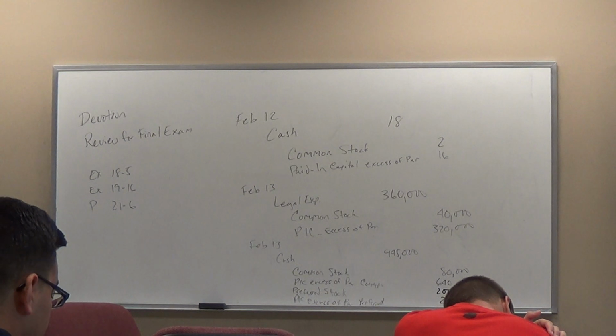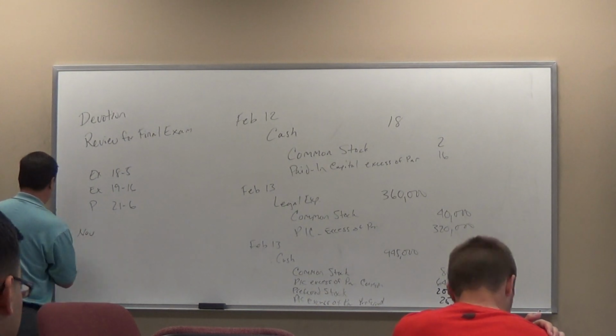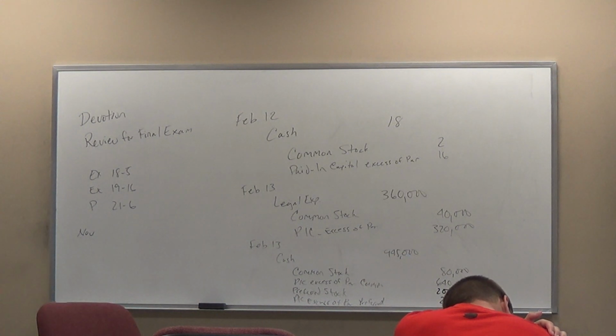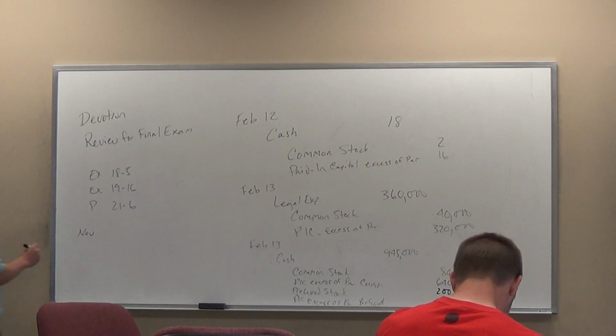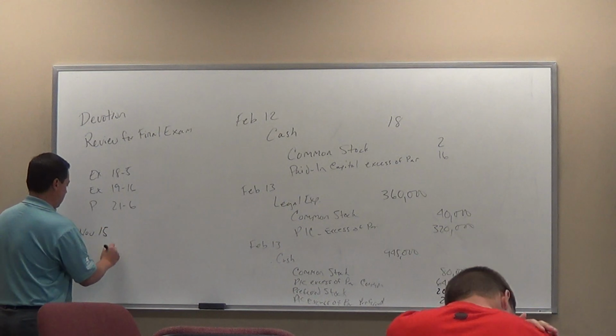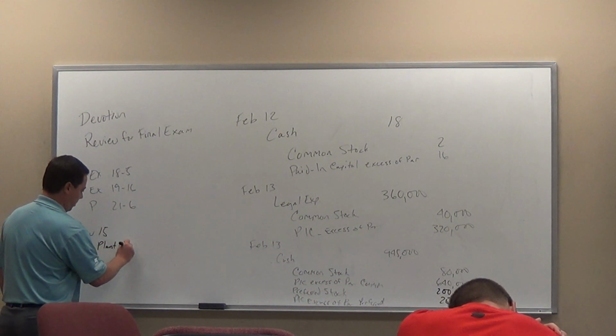I'm going to come over here and do the last portion. So this is November. Issued 380,000 common shares in exchange for equipment for which the cash price was known to be 3.688 million. So we get property, plant, and equipment.